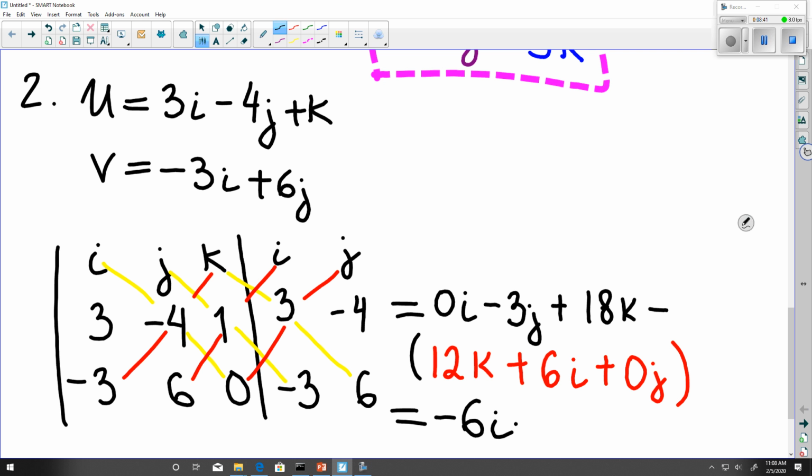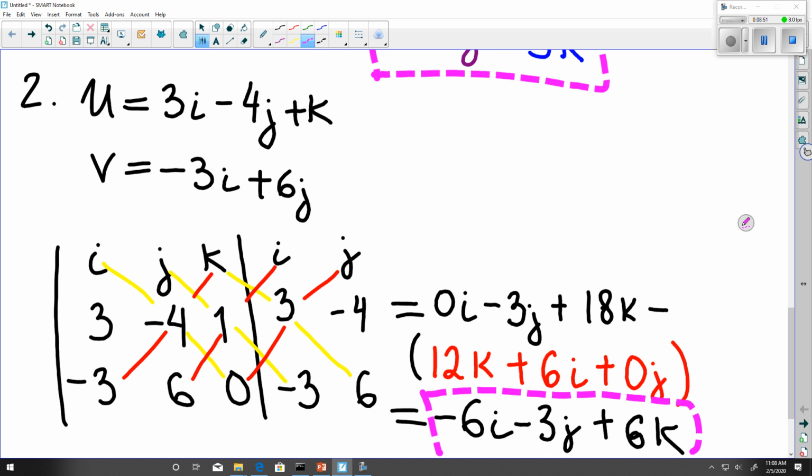I got minus 3j. All right, we are halfway done. I have 2 more examples.